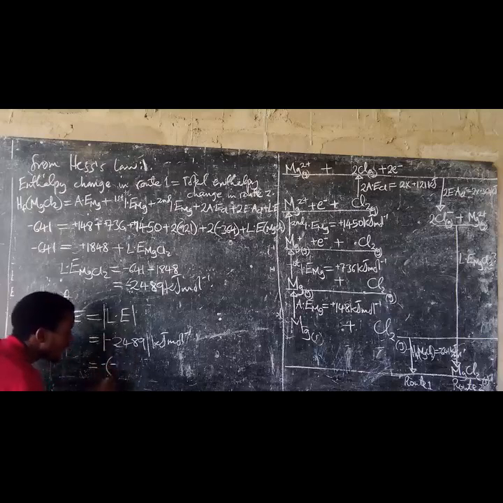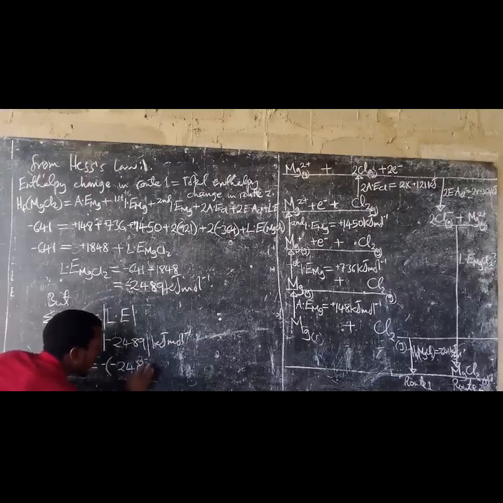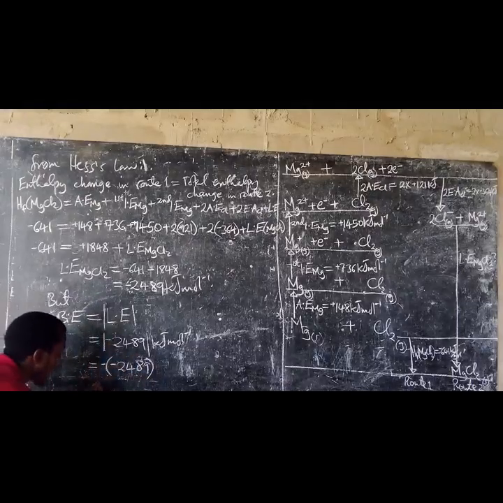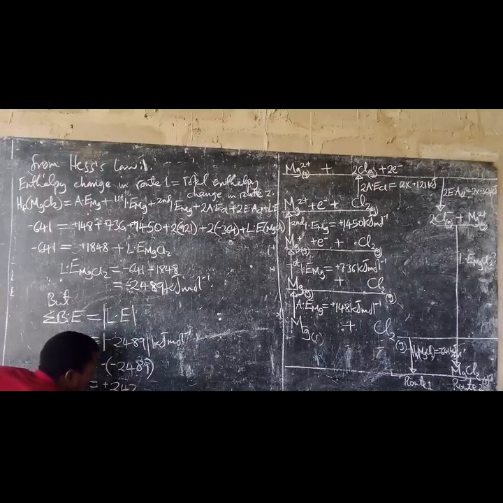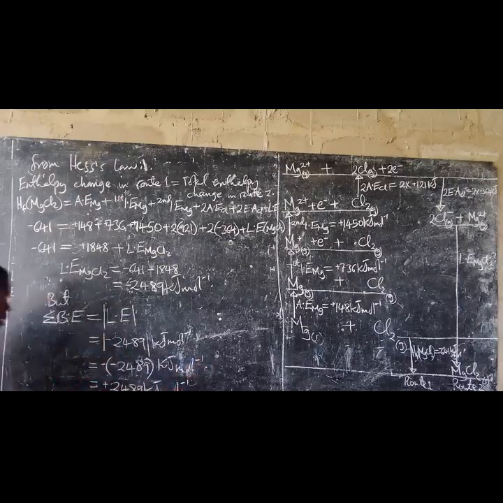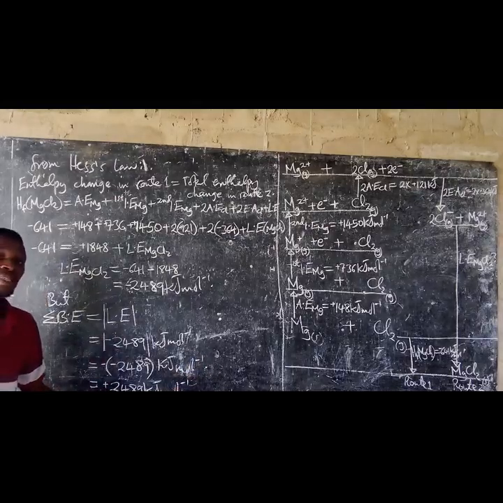Now the negatives cancel out, and this is the positive 2,489 kilojoules per mole. Now this is the total, or sum, of the bond energies in magnesium chloride.